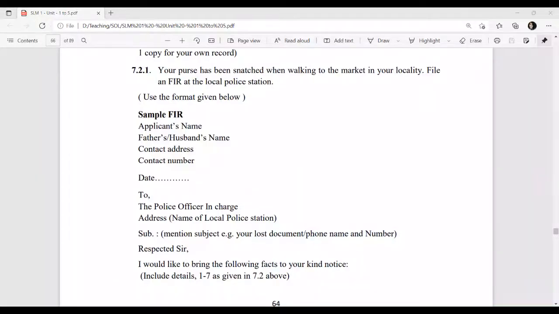I'm trying to find another document where I want to get into a little detail about the FIR.